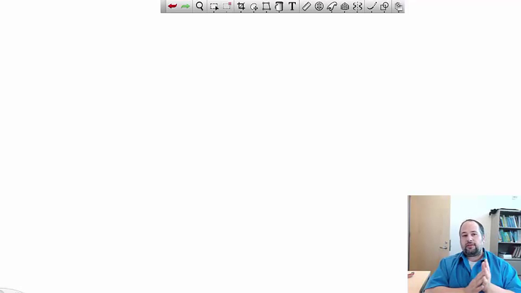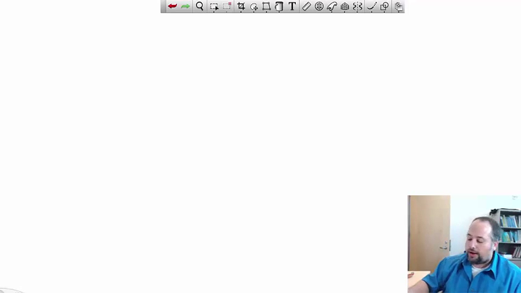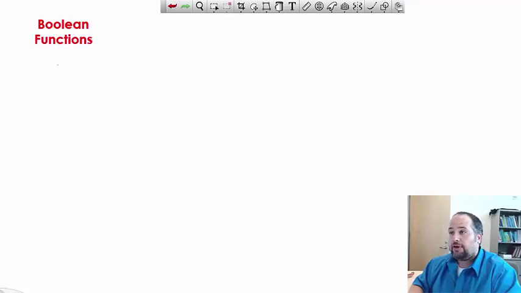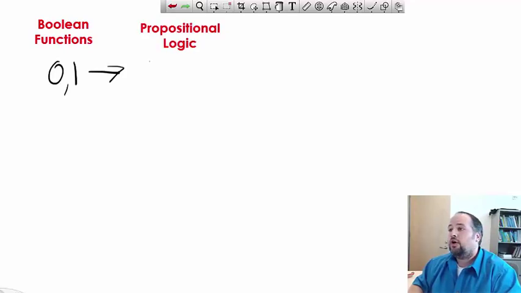We're going to be shifting things around a little bit. Whereas in Boolean functions we talked about 0 and 1, when we're talking about propositional logic, we use false and true, even though they have essentially the same meaning.